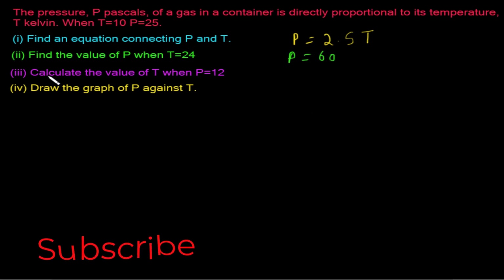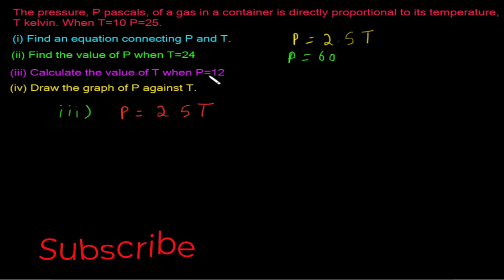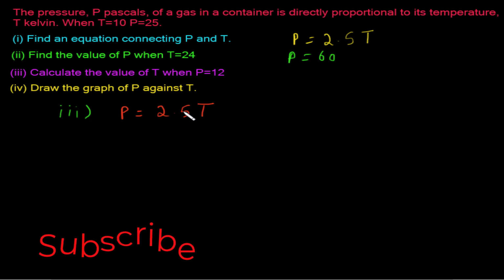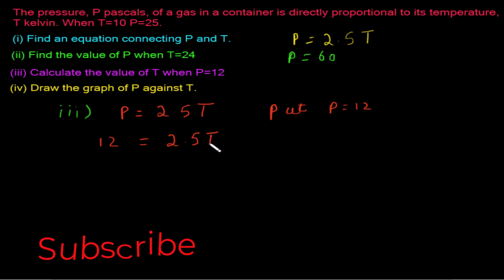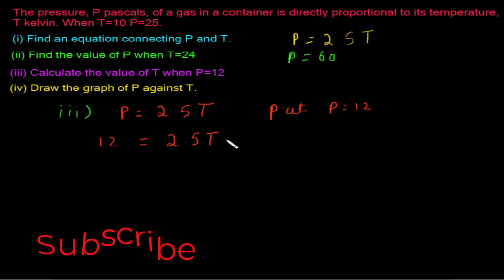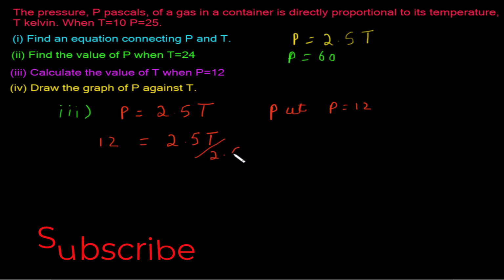And now I have to calculate the value of T when P is equal to 12. Again, I will use this equation, P is equal to 2.5 times T. So I have to substitute P is equal to 12 into this equation, and it will become 12 is equal to 2.5 times T. To isolate T, I will divide both sides by 2.5.